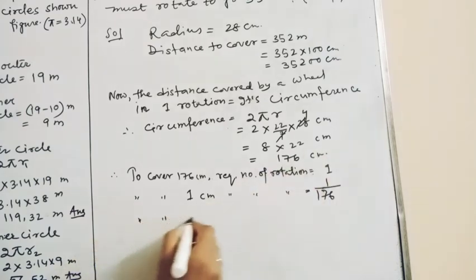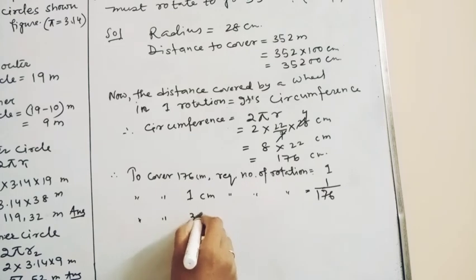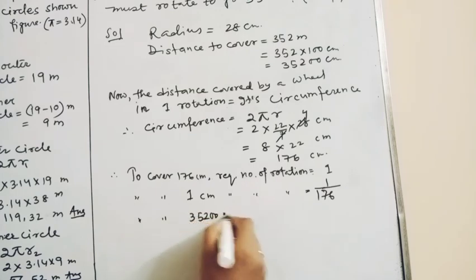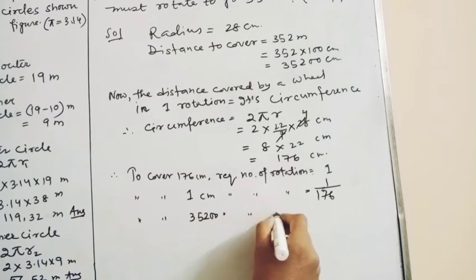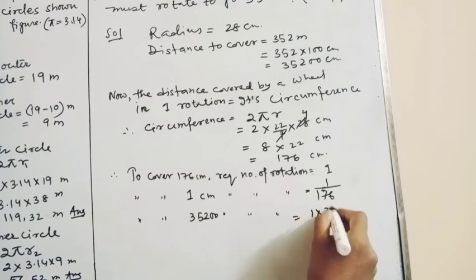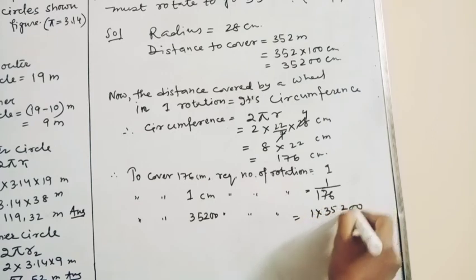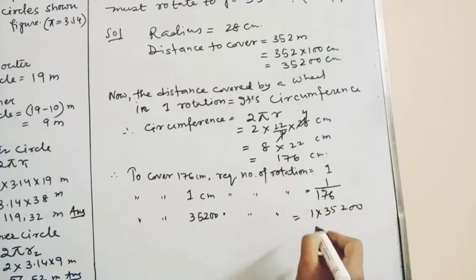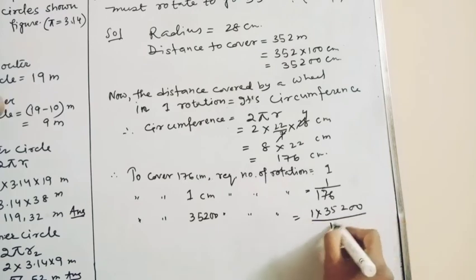To cover 35,200 centimeter, rotation required is 1 into 35200 by 176.